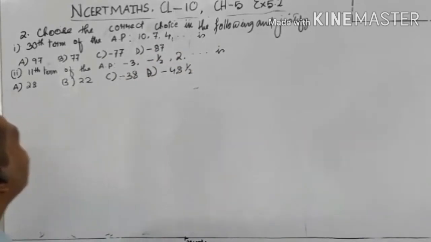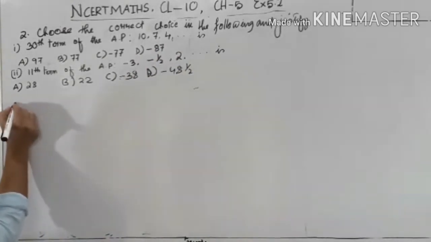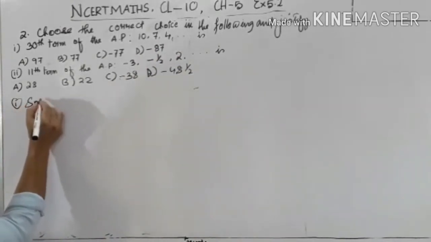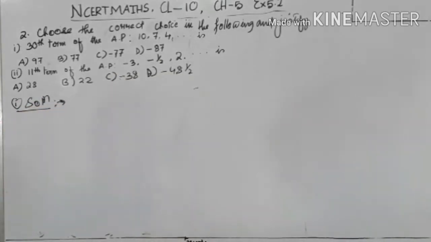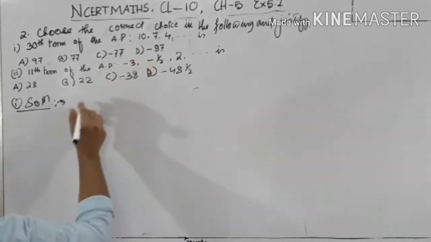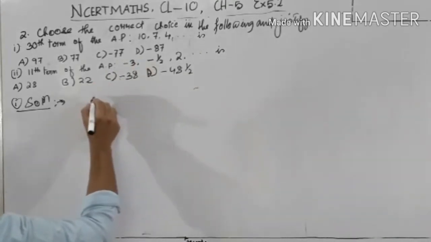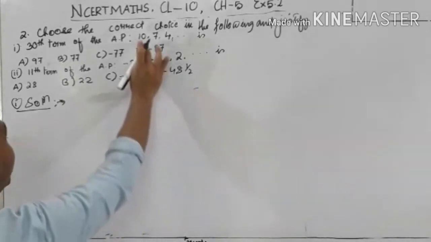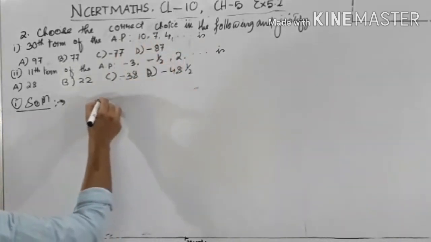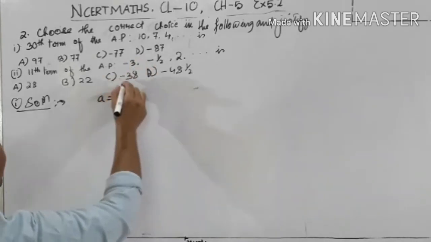Correct? So here, first write: in this AP, the first term equals 10. There is no need to go beyond.